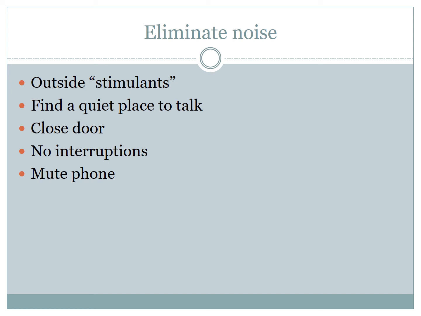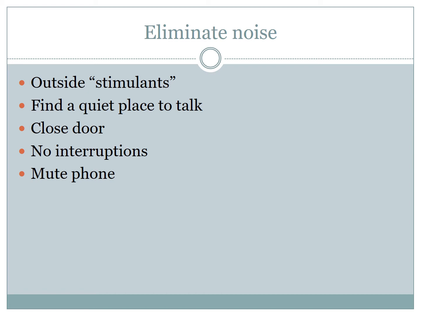So, in addition to controlling your internal noise, those distracting thoughts that enter your brain while you're listening, eliminate environmental noise as much as possible. And there are some steps you can take to do this. These include finding a quiet, private place to have a meeting.